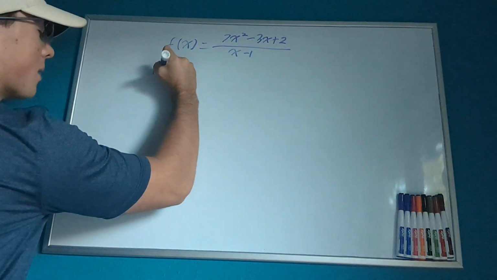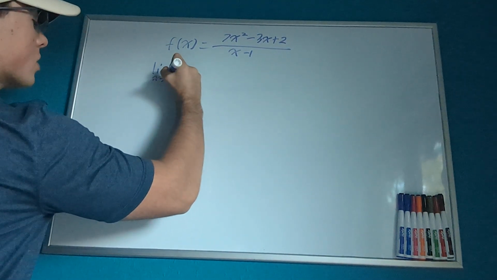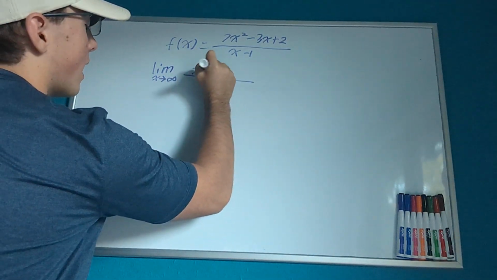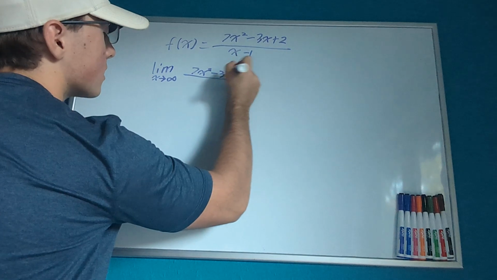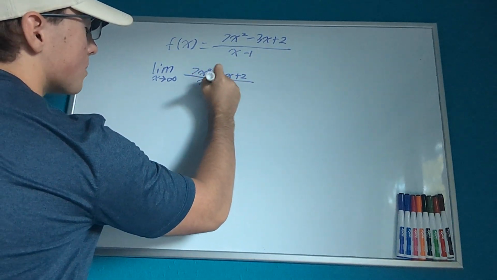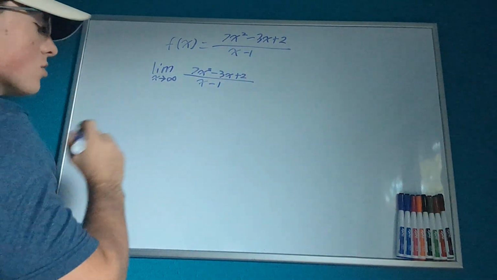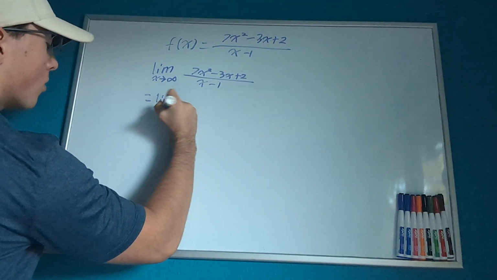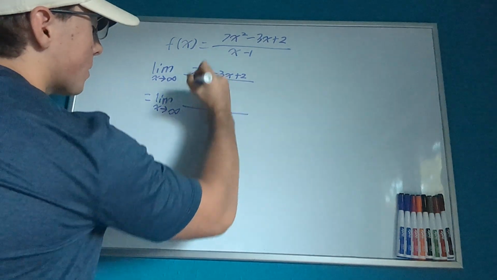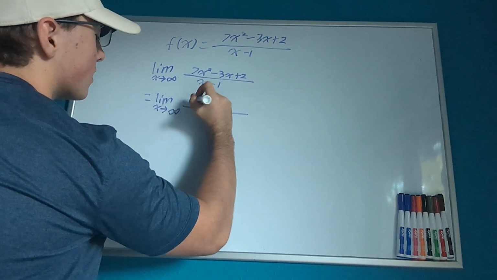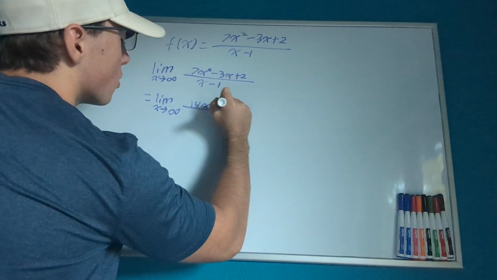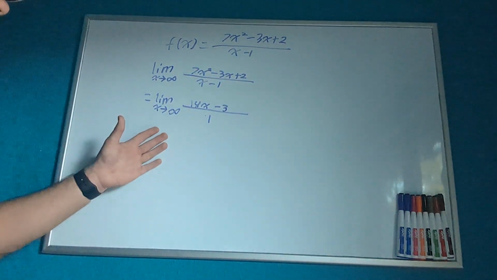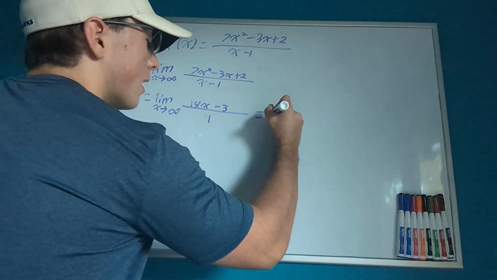So once again, we take the limit as x approaches infinity of 7x squared minus 3x plus 2 divided by x minus 1, right? Let's use L'Hopital's again. So this will equal the limit as x approaches infinity of 14x minus 3 over 1, right? Well, if we try to do this, it'll just equal infinity.